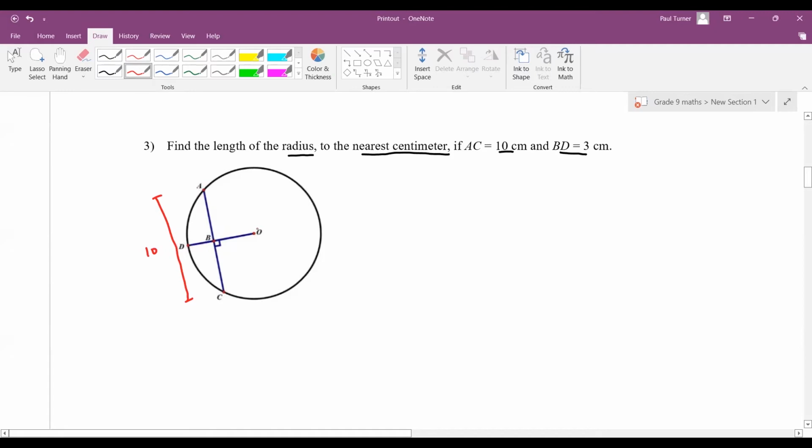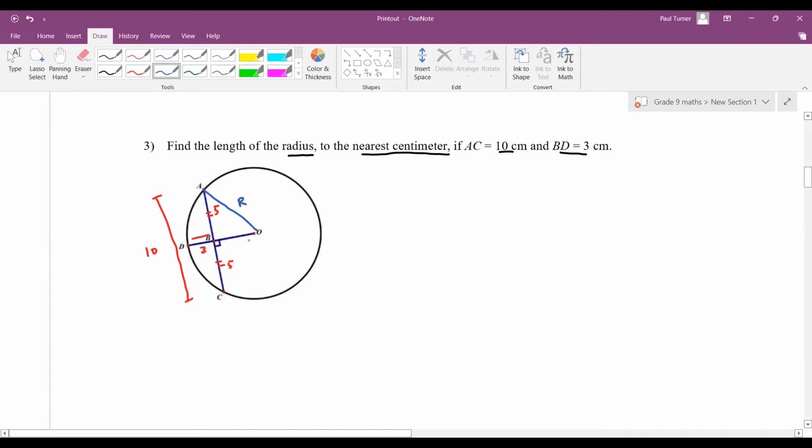Now, because DO is intersecting AC at a right angle and passes through the center, therefore AB and BC are equal length. So that means that AB here could be written as 5, and also BC could be written as 5. And BD is 3 here. And we want to find the radius here, R.